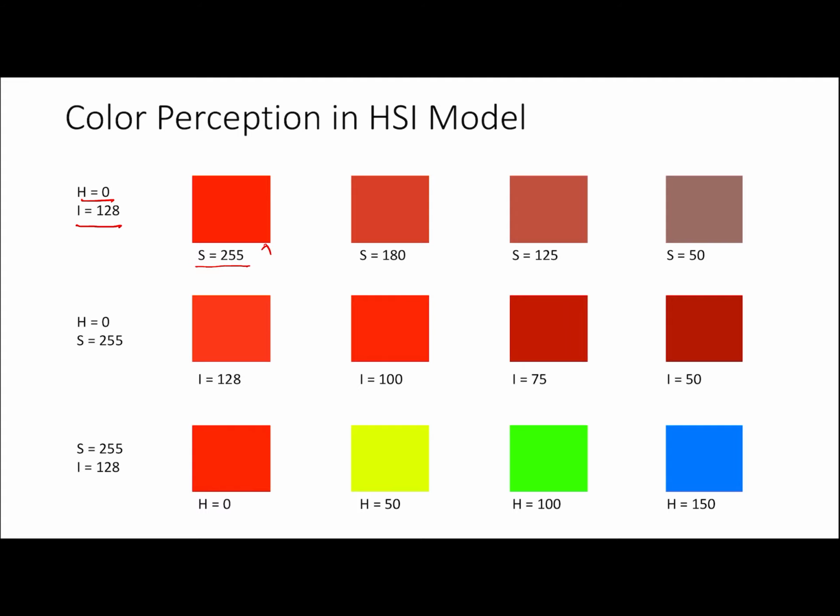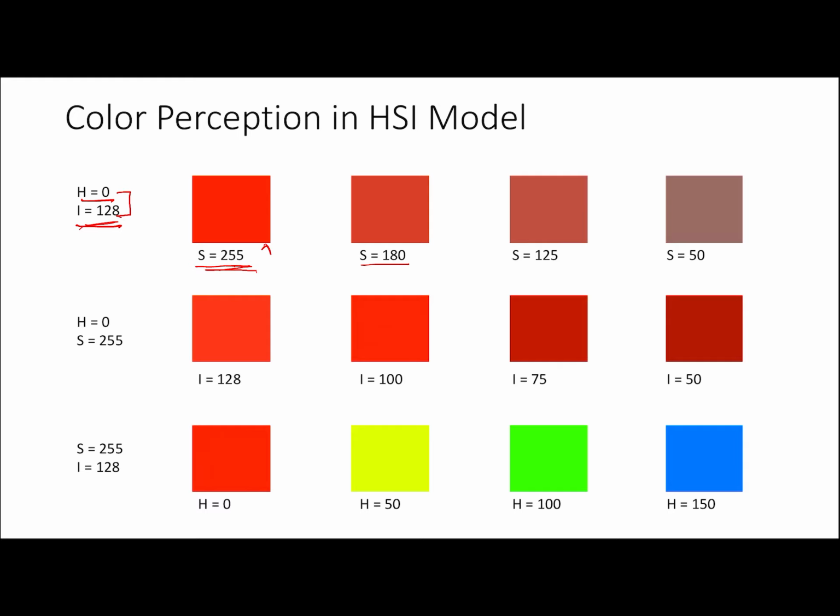As we have said, hue is measured from the red axis, so from the red line hue is equal to 0 degrees, and the saturation equal to 255 means that it is the pure color which has intensity 128. For other rectangles hue and intensity remain the same, but we keep on decreasing the saturation.